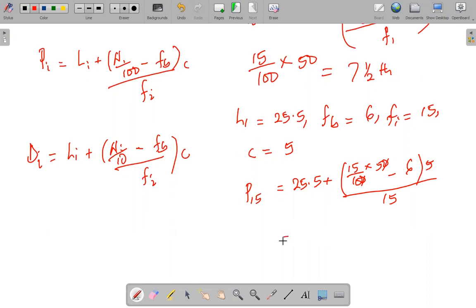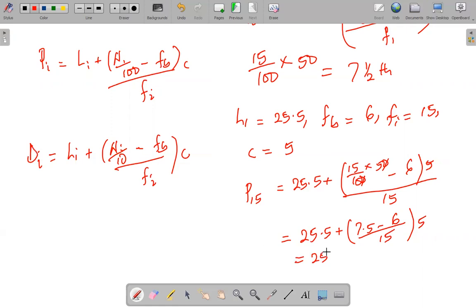So I have 25.5 plus 75 divided by 10, which is 7.5. So I have 7.5 minus 6 over 15 times 5.